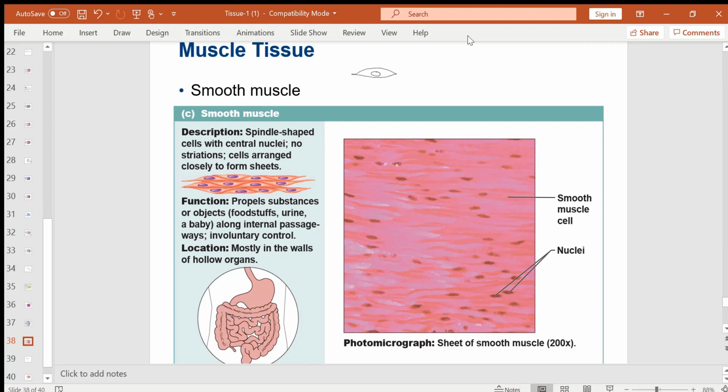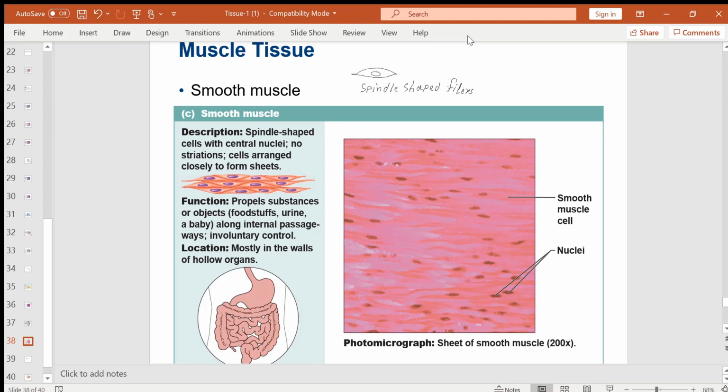Spindle shaped fibers or cells. In case of muscle tissue, one fiber is one cell. So each cell is a fiber.